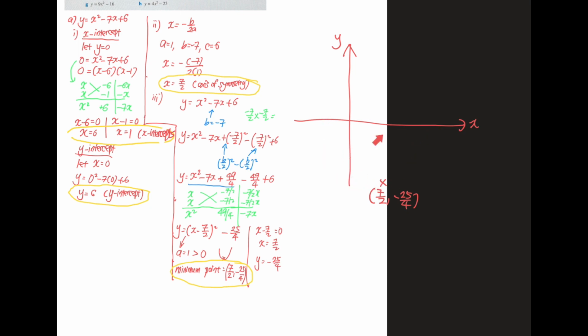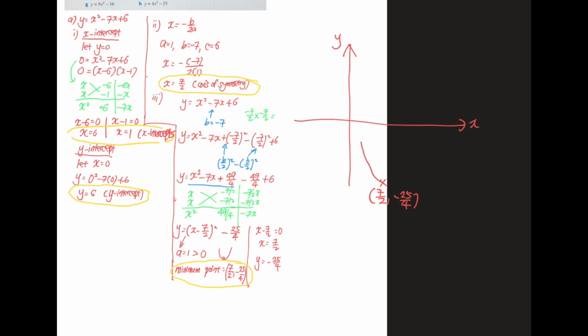So we have to look at where they cut the x-axis. So they cut the x-axis at positive values. Both of these are positive values, so we cannot make our graph too big until it cuts at negative, so we can't. So we have to make our graph a bit thinner or narrower, so that it cuts at positive and positive. As you can see, 1 and 6, right? So both are positive values.